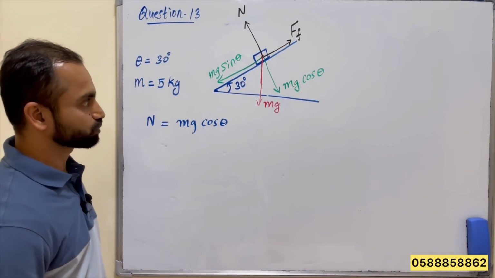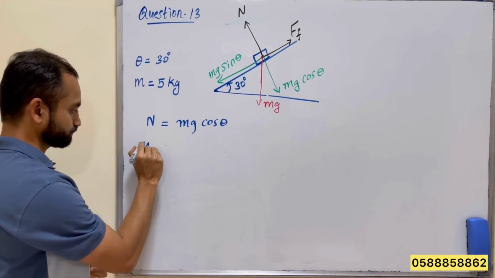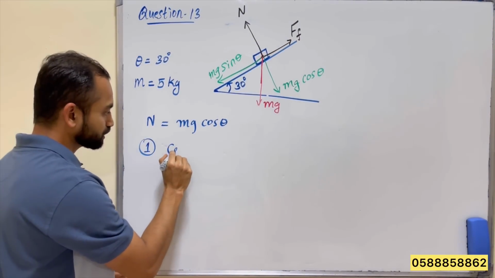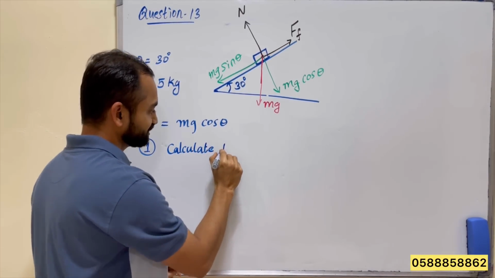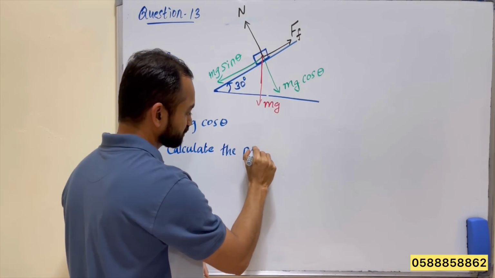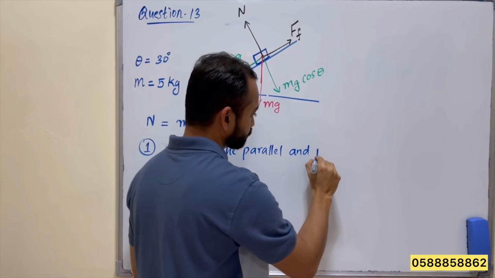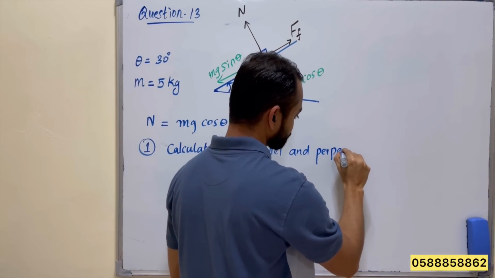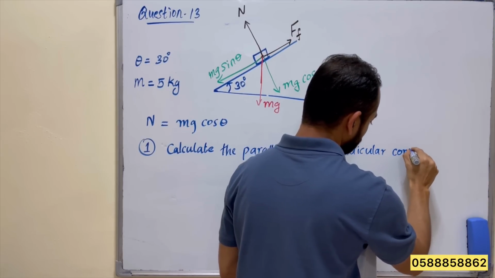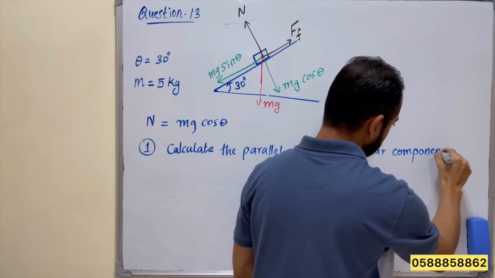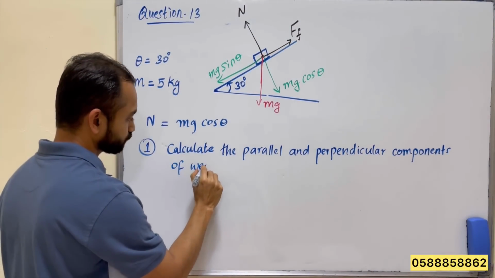So how to solve the question? For example, question number 1. First question, calculate the parallel and perpendicular components of weight of the object.